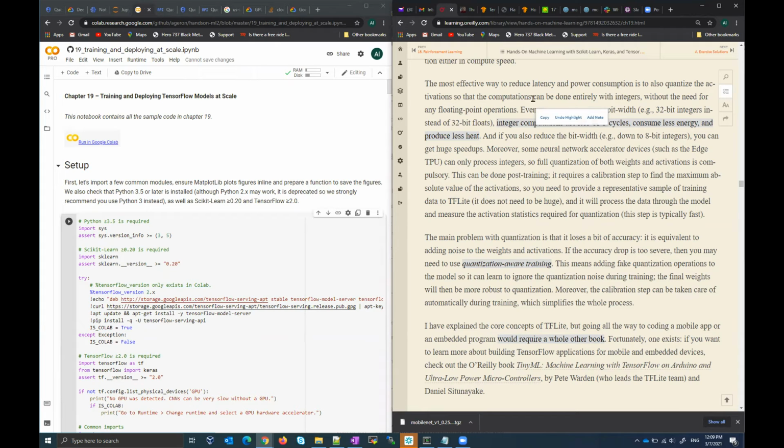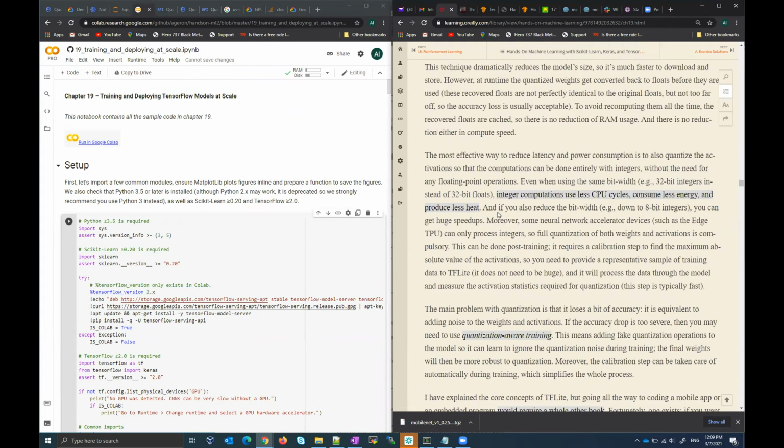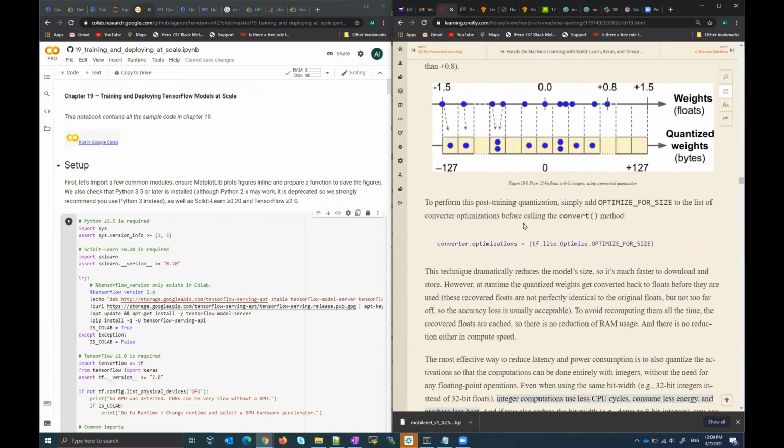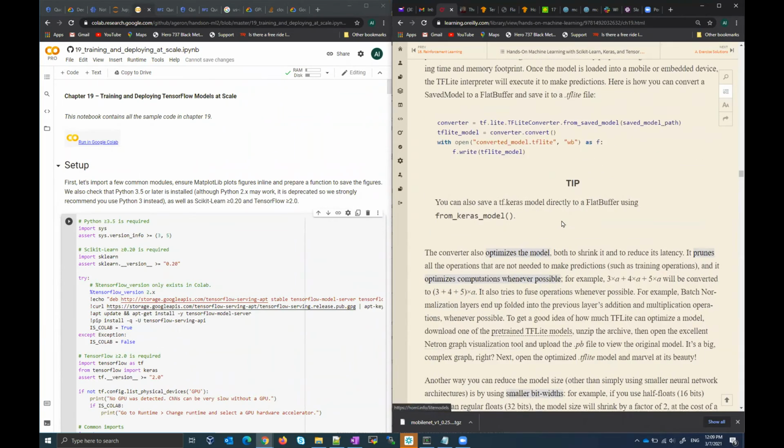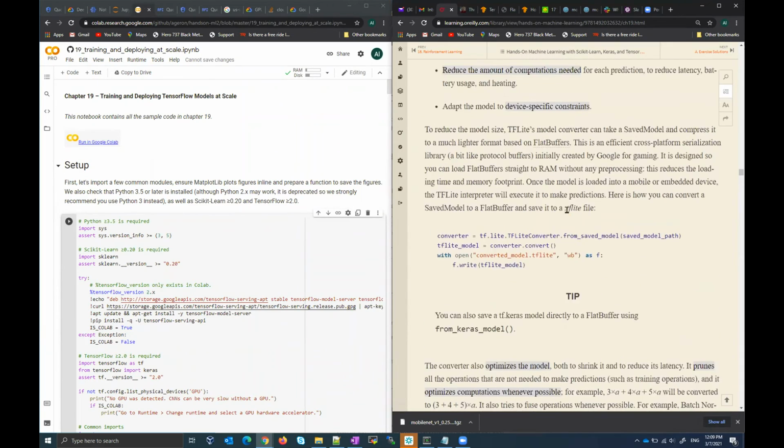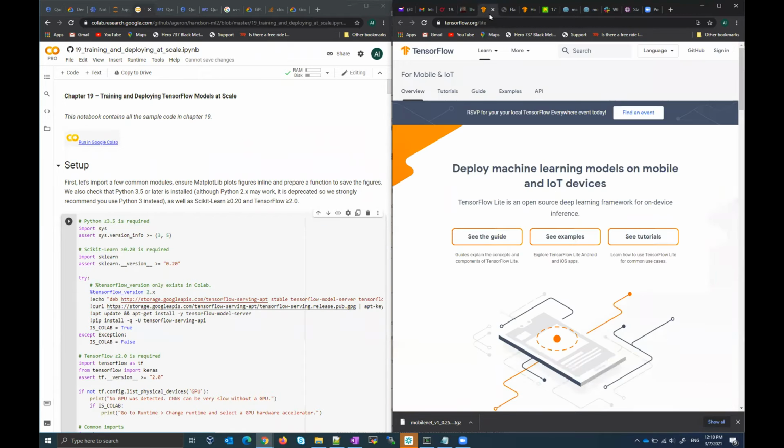Okay, and so there is, yeah, to show the difference, for example, between a model and the TensorFlow Lite model, there is a website that he recommends. Let me see it here.